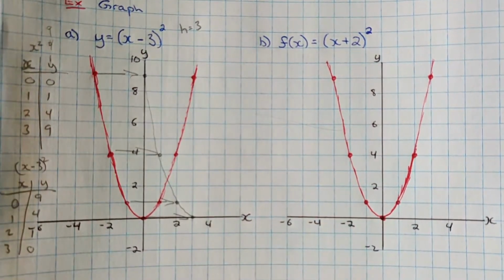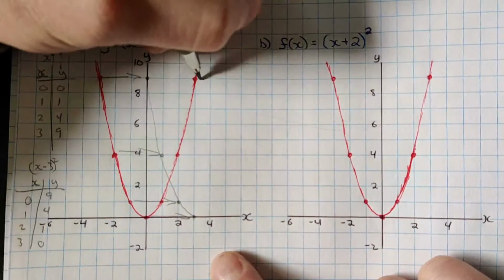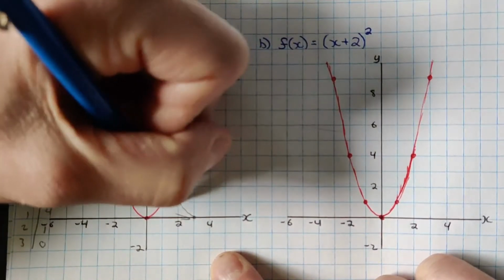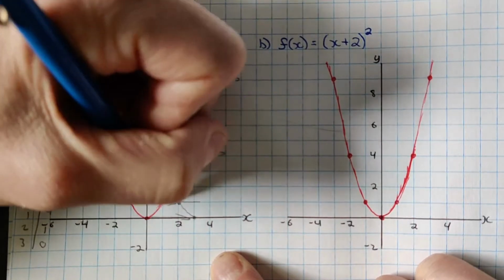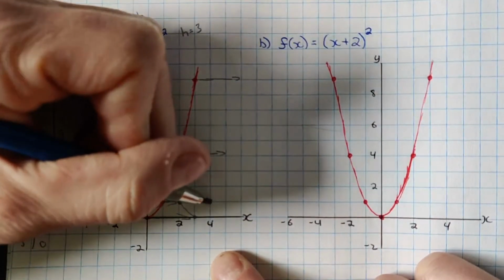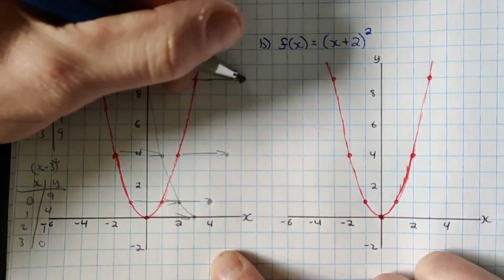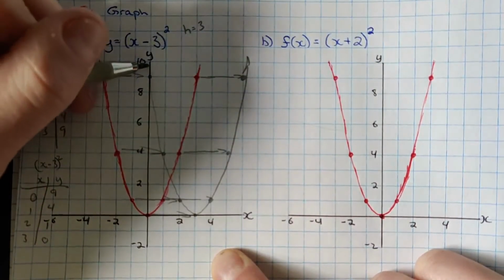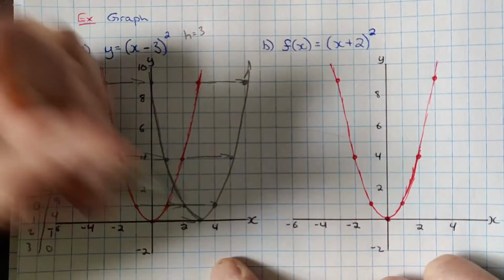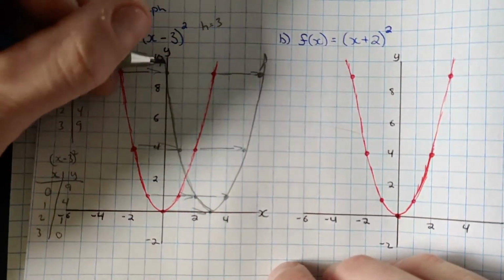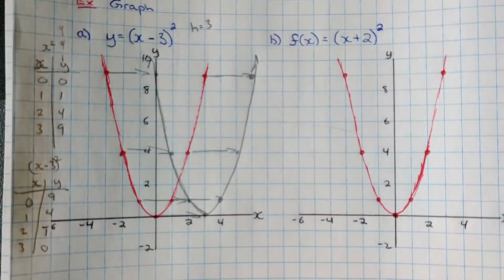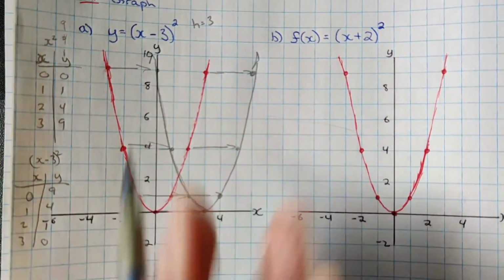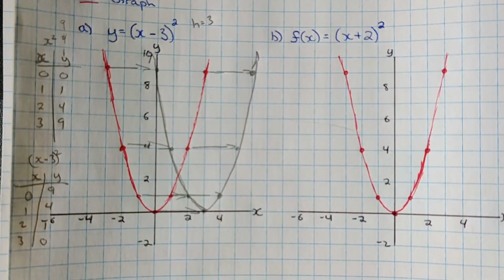And so if we continue that same pattern, shift this over 3, shift this over 3, and shift this one over 3, what we get is this parabola over here. So everything's just been shifted over 3. The negative 3 means h is 3, so everything shifts by positive 3.